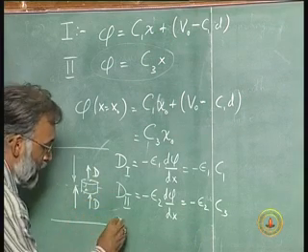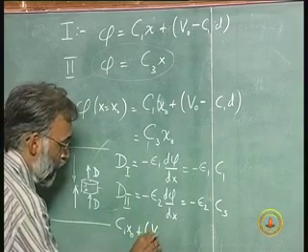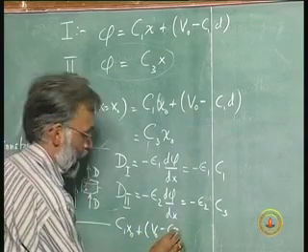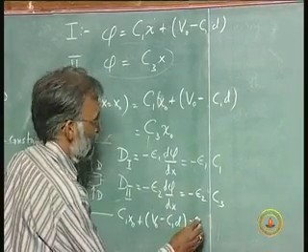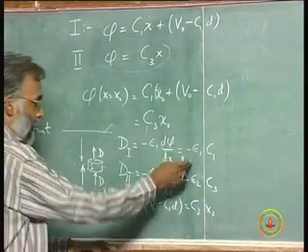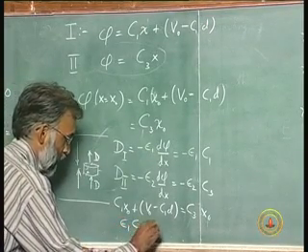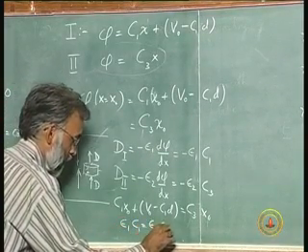So, I therefore have two equations. One equation says C1 x naught plus V naught minus C1 d is equal to C3 x naught, and the second equation says epsilon 1 C1 equals epsilon 2 C3.